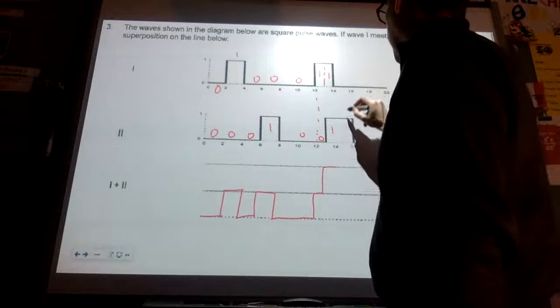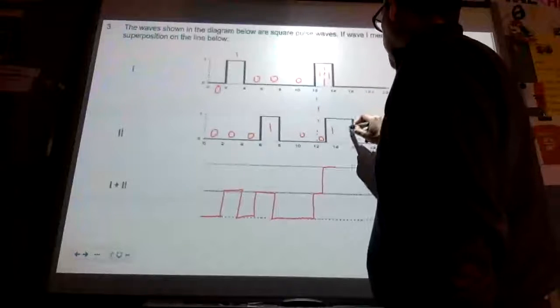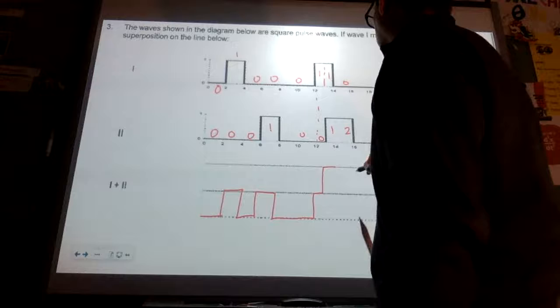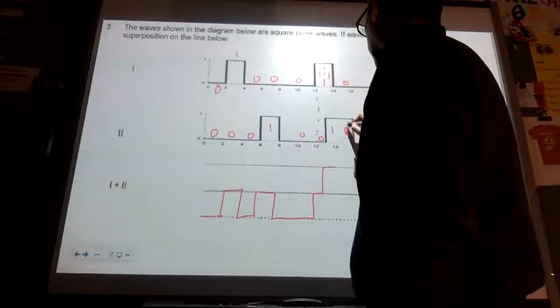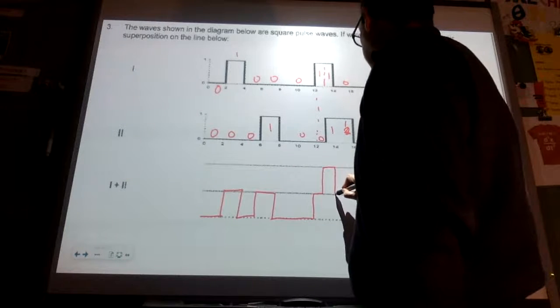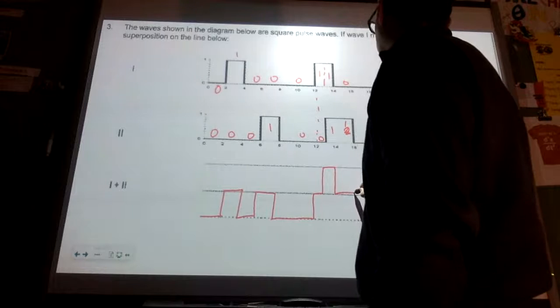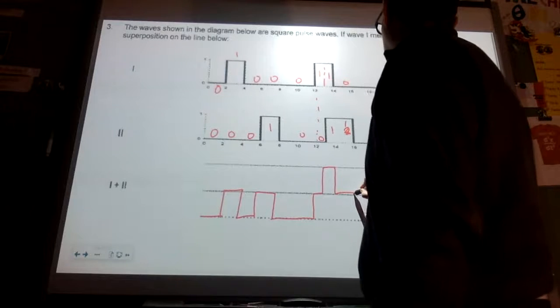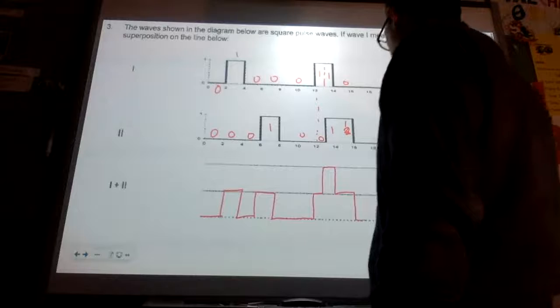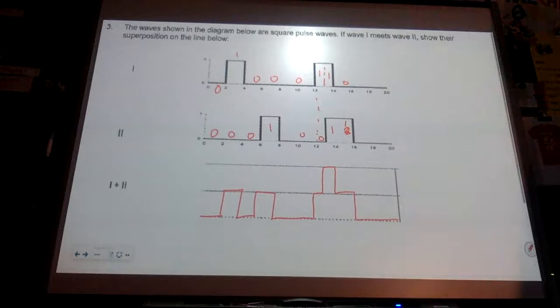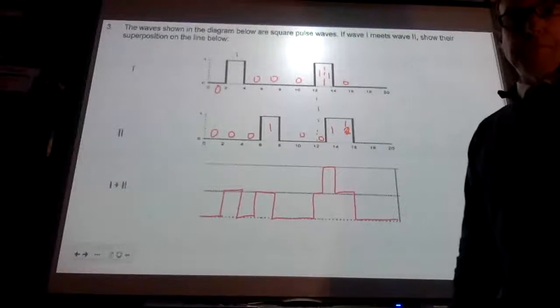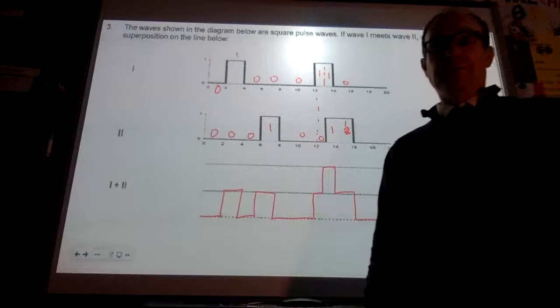And then from 14 to 16, this is at 2 and this is at 0. Sorry, this is at 1. So I'm back down for 2. And then from 16 to 20, these are all at 0. So arithmetically, I'm adding them. So just adding the value.